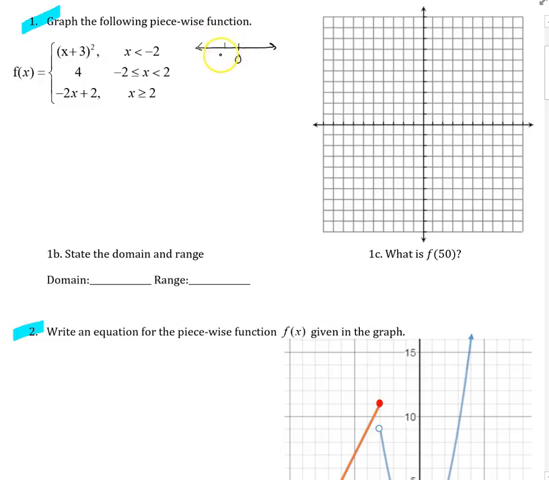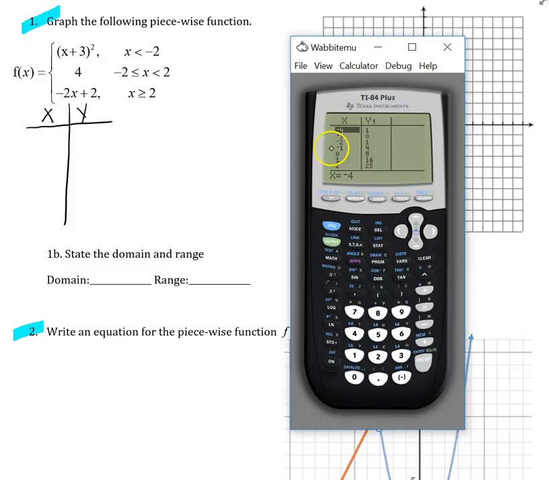Now the trickiest part is just remembering what is less than -2. If you've got 0, -1, -2, less than is this way. So you're going to pick values like -3, -4, and so on. If I pull up a table here, looking at my calculator, I know at -2 it's 1, so I'll write that down.